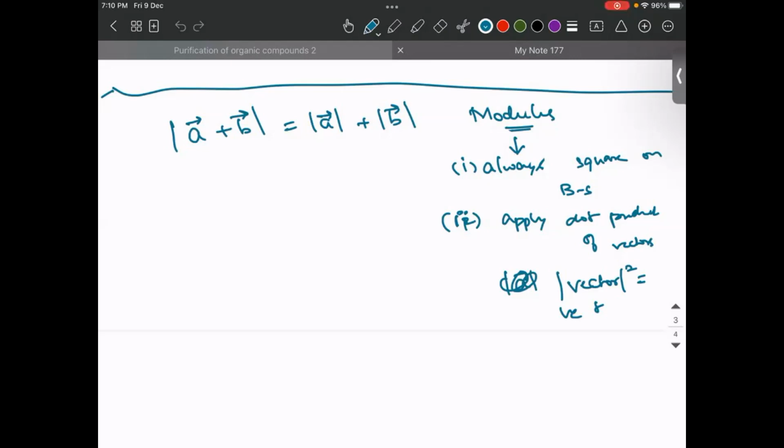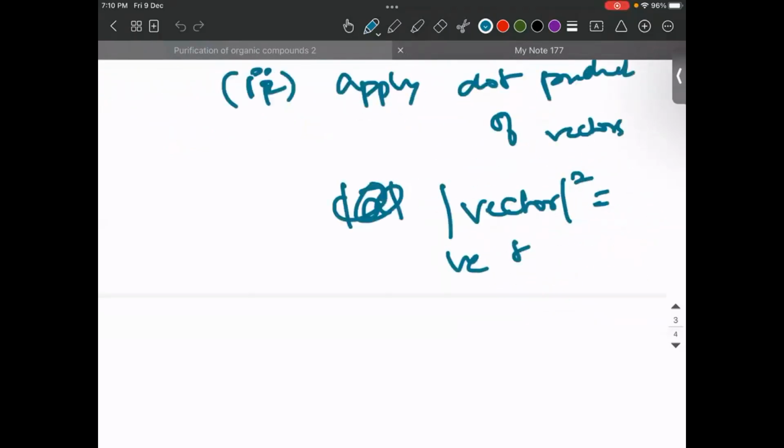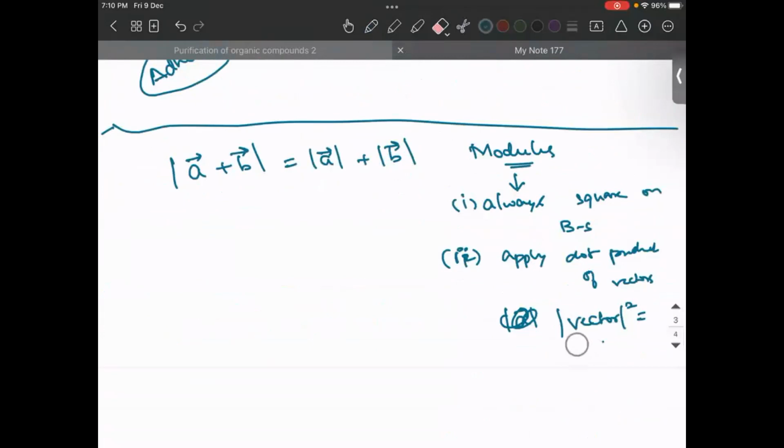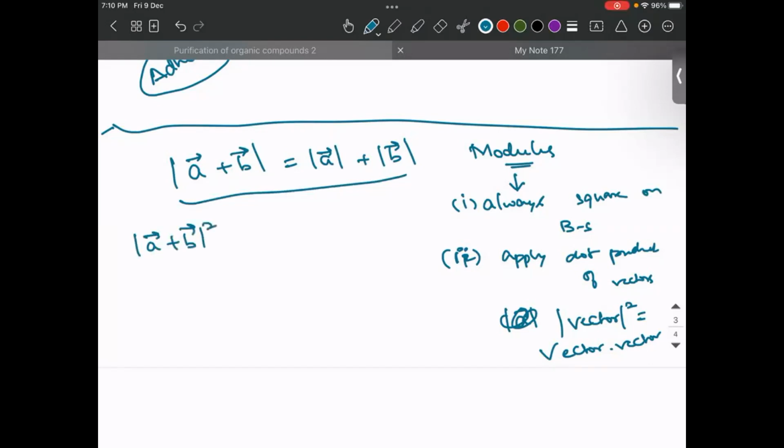Magnitude of vector square is equal to vector dot vector. So having said this, if I square on both the sides, I'll get magnitude of A plus B the whole square is equal to magnitude of A plus magnitude of B the whole square.